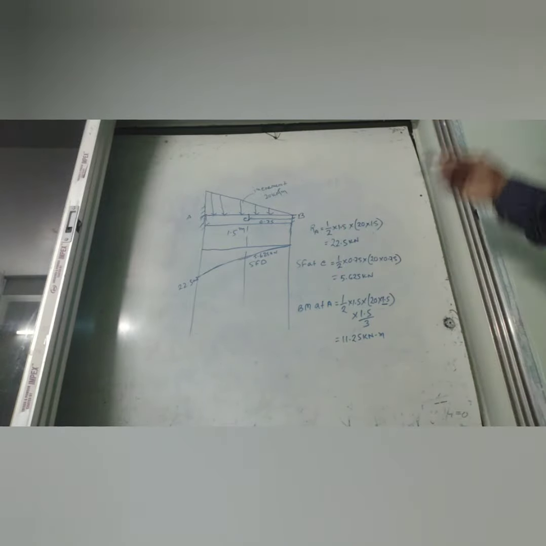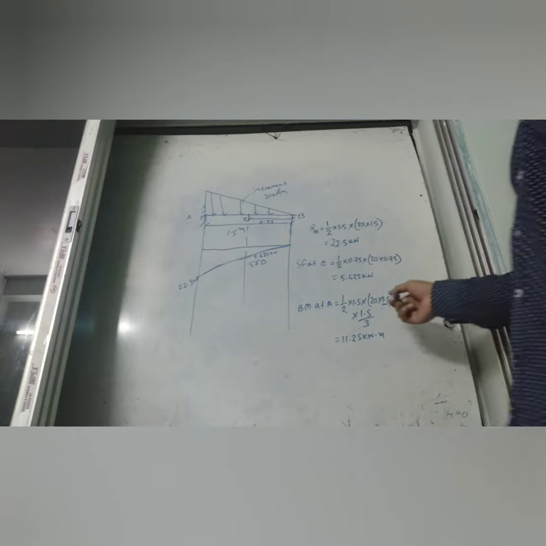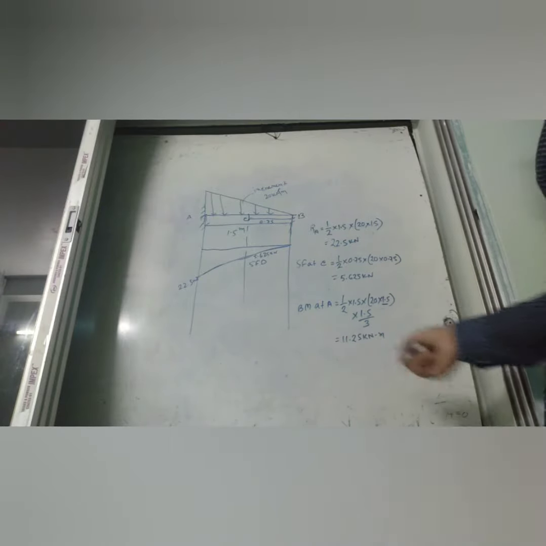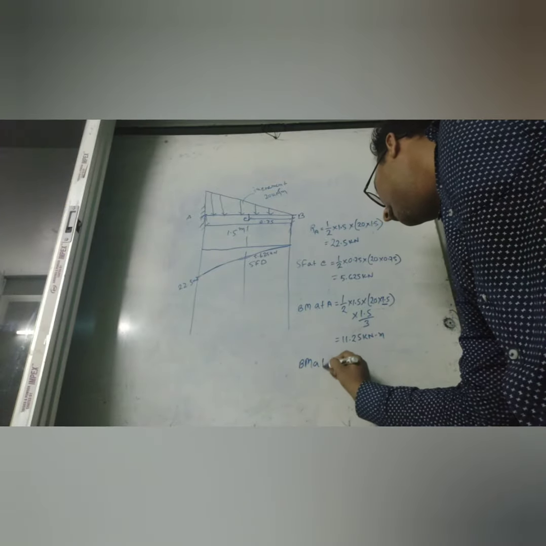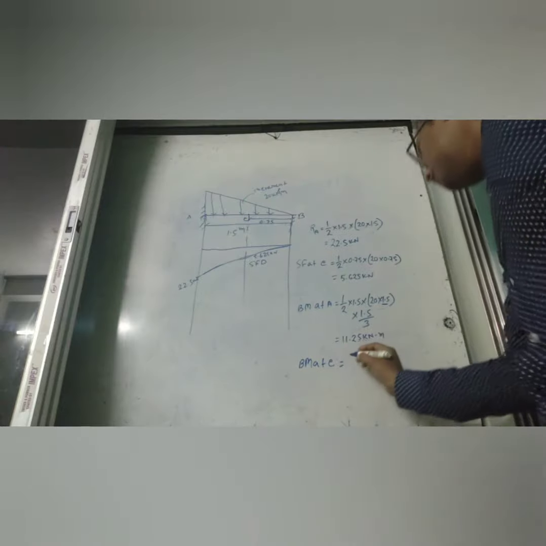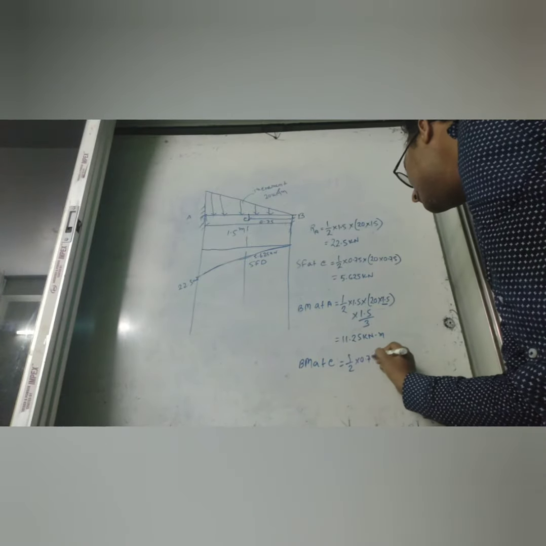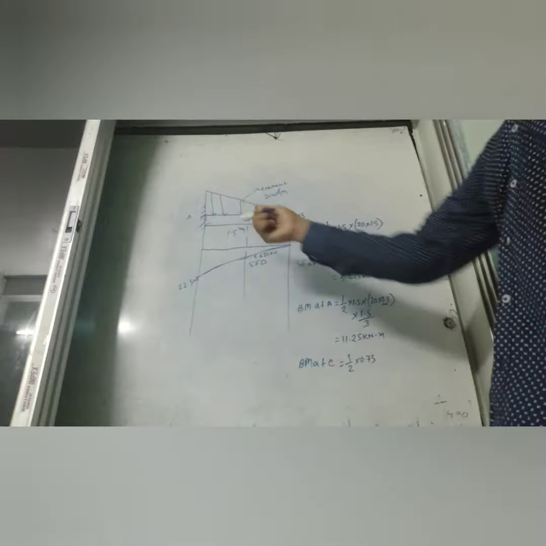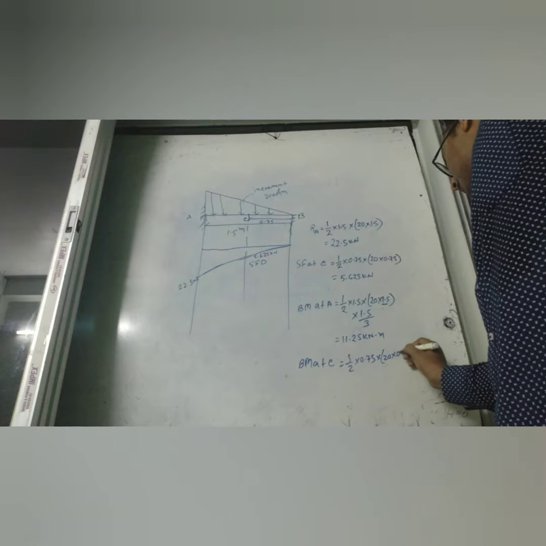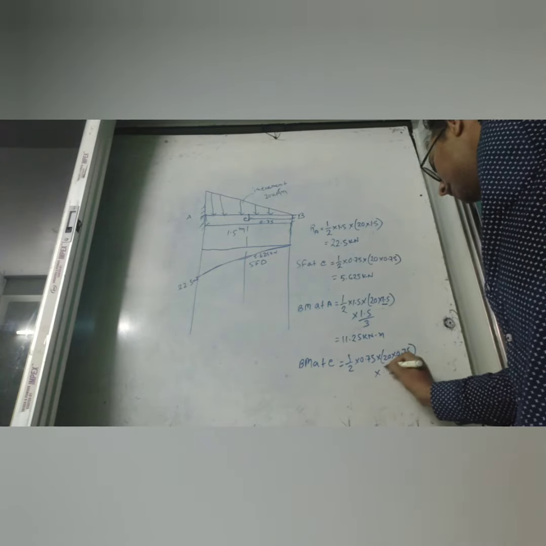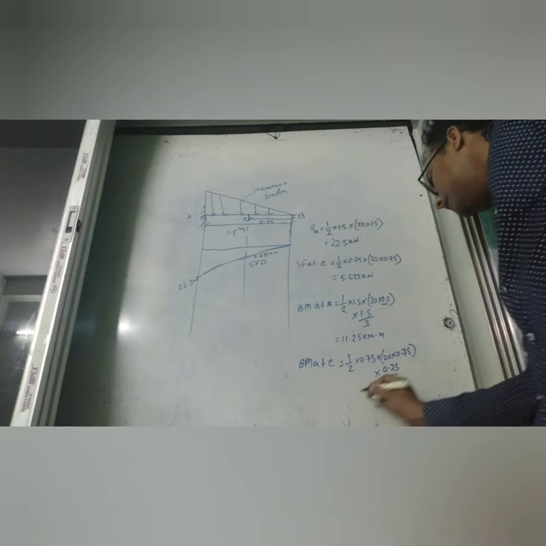Force is multiplied with distance, so the unit of bending moment is also kilonewton meter. And BM at C point: BM at C also half into base, in case of C point 0.75. According to this point, same length 0.75 into 20 into 0.75 into 0.75 by 3. So our bending moment is 0.75 into 20 into 0.75 into 0.75 divided by 6.